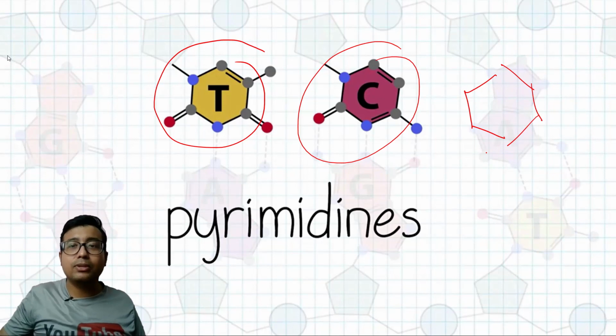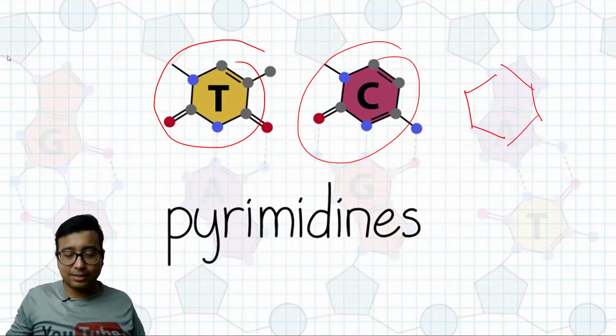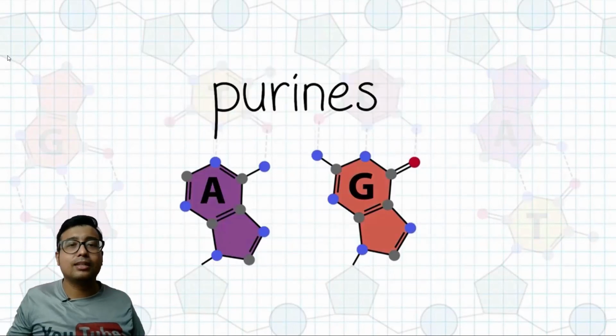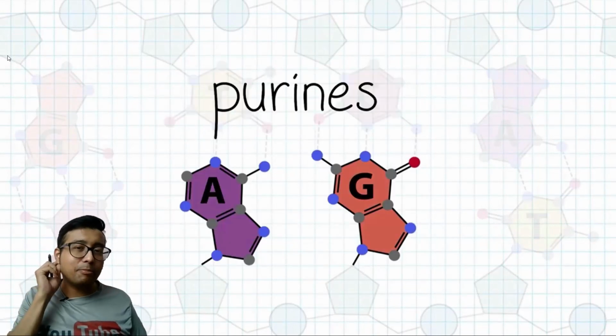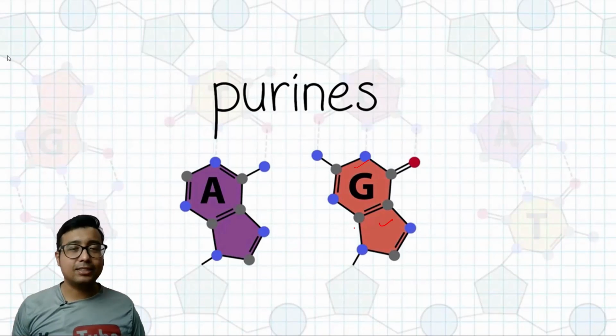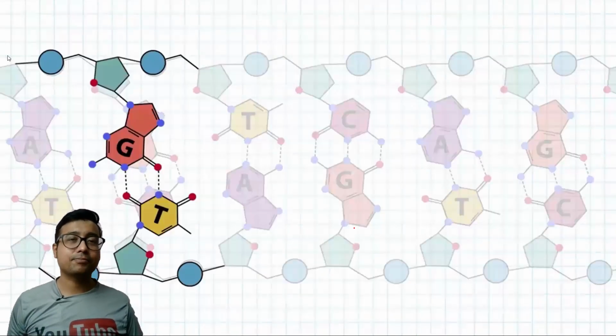And what happens with purines? Purines have a double ring structure. So over here there is another ring structure for purines. Adenine and guanine are purines that have a hexagonal structure along with a pentagon ring. So a bi-ring structure in the case of purines.